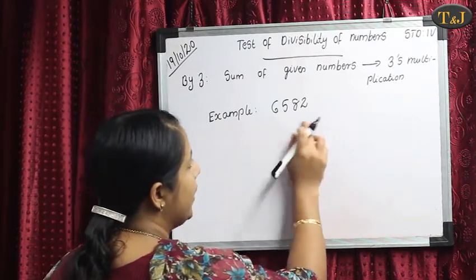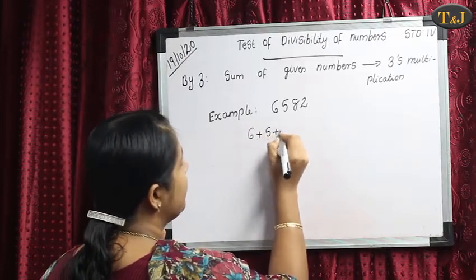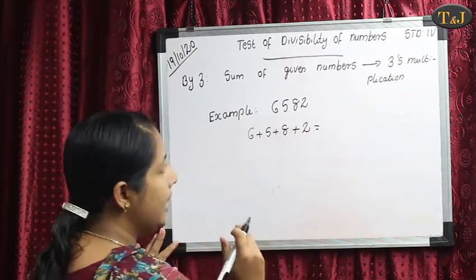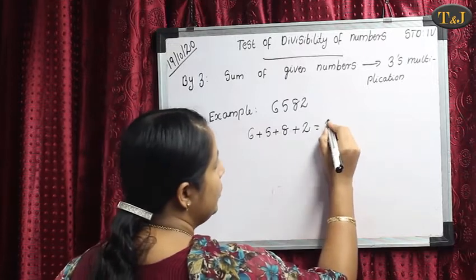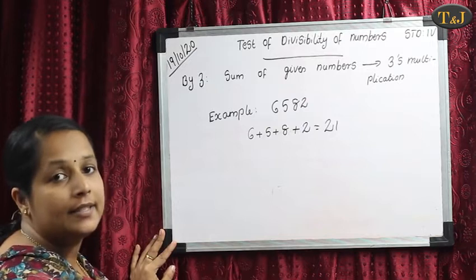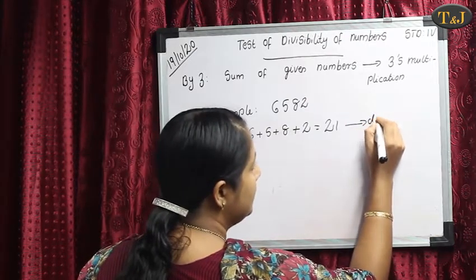First we find its sum. That means 6 plus 5 plus 8 plus 2. Then 6 plus 5 equals 11. 11 plus 8 equals 19. 19 plus 2 equals 21. Is 21 included in 3's table? Yes, 3 sevens are 21. So it is divisible by the number 3.